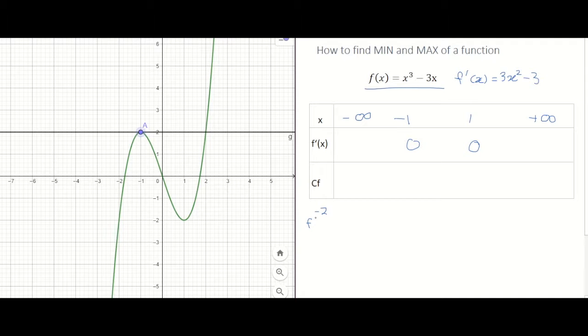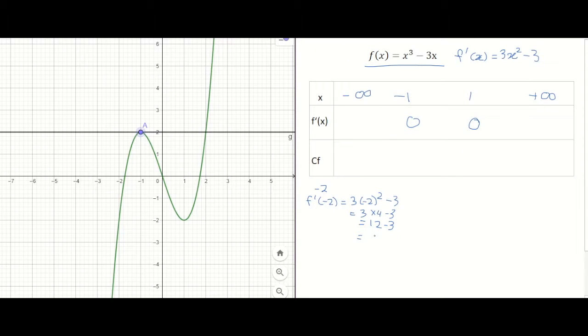So we take the f prime of minus 2, which is 3 times (minus 2) squared minus 3, which is 3 times 4 minus 3, which is 9, and we can see that this is a positive number, so we say it's positive here. And now we're going to do the same for the points in between minus 1 and 1 and 1 and plus infinity.